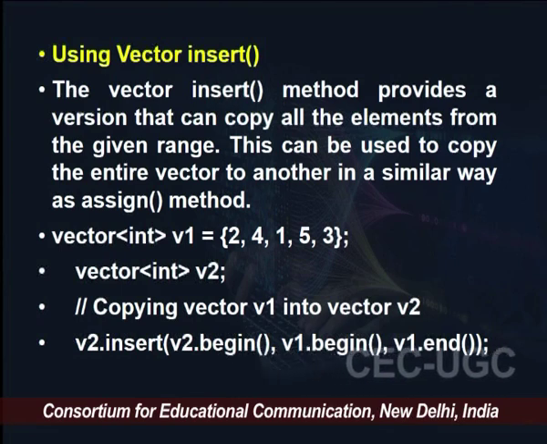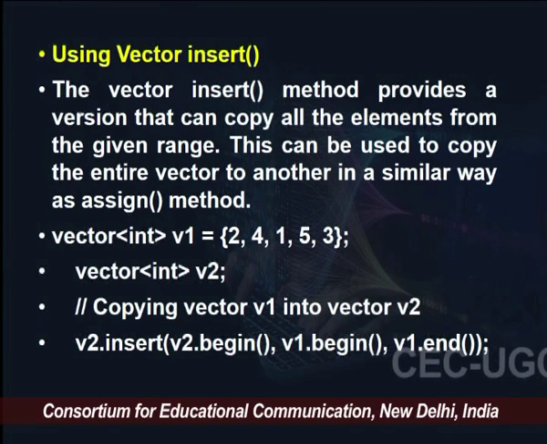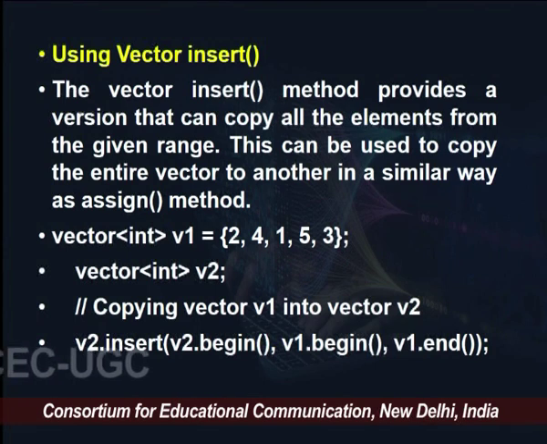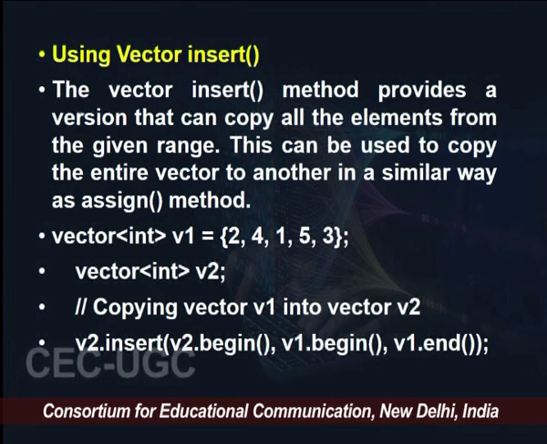So, here we have a vector v1 which has some elements, and then a new vector v2 is being declared. In order to copy the elements of vector v1 into v2, we are going to use v2 dot insert, and within the brackets we have passed three parameters: v2 dot begin, v1 dot begin, v1 dot end.